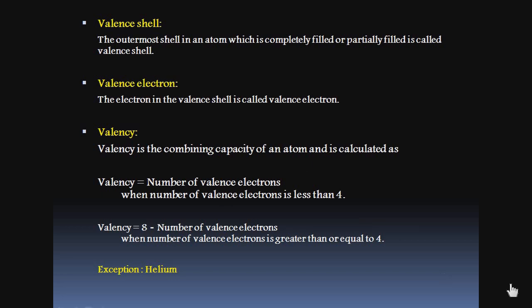Octet configuration is a stable configuration and hence all the noble gases are stable. Regarding noble gases, we will see in detail in the chapter Periodic Classification of Elements. Now, let us start with the structures of first 18 elements.